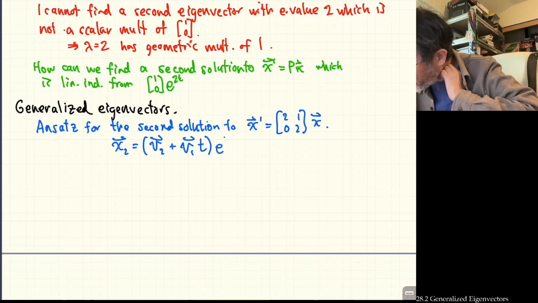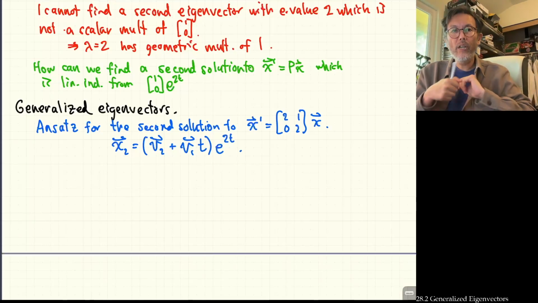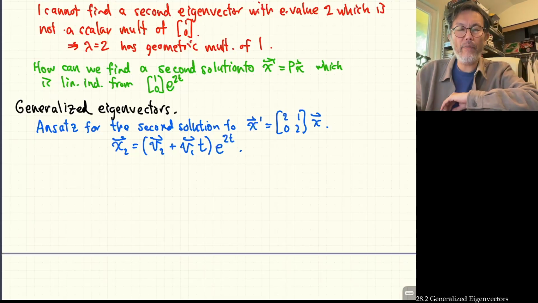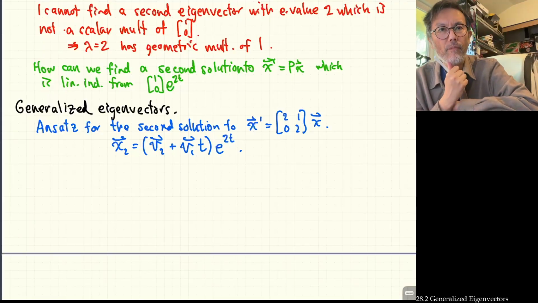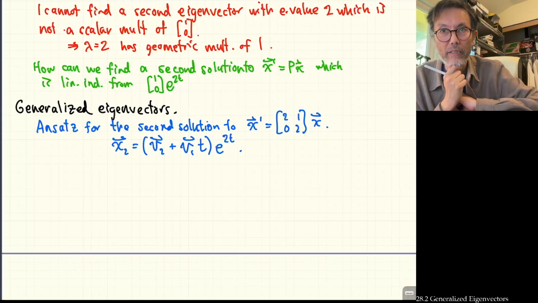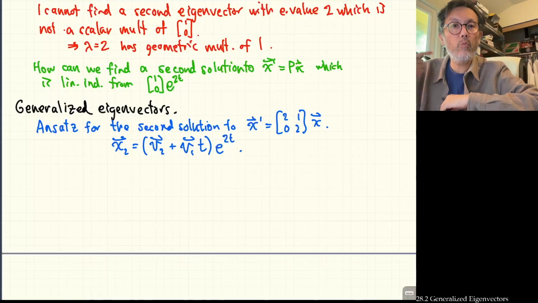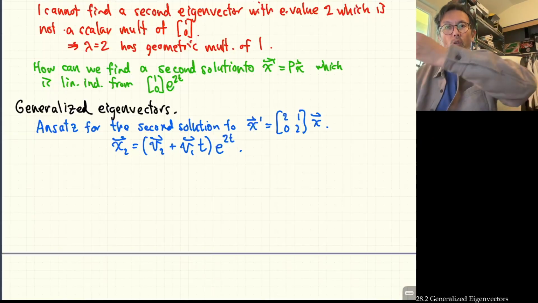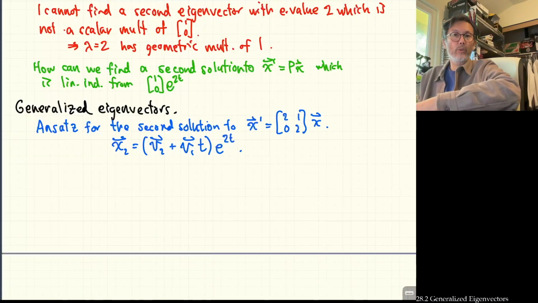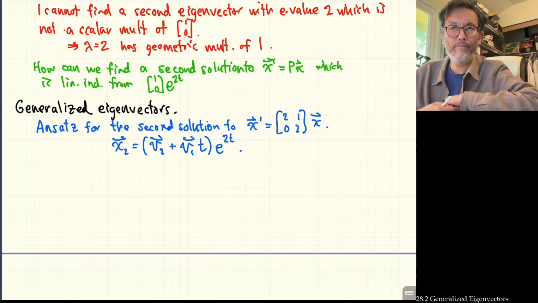Why 2? Because the eigenvalue is 2 here. This is our ansatz. And what we want to do is work with this ansatz to see what conditions need to be in place for v2 and v1 in order to actually be a solution to the differential equation.